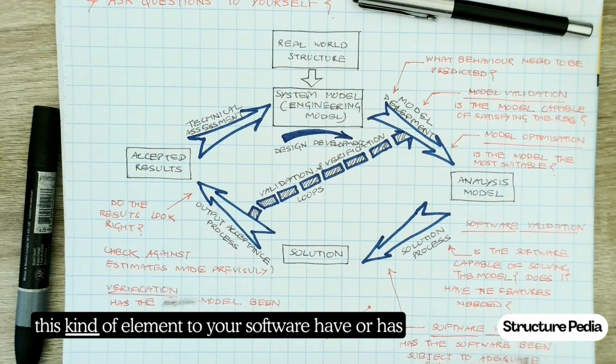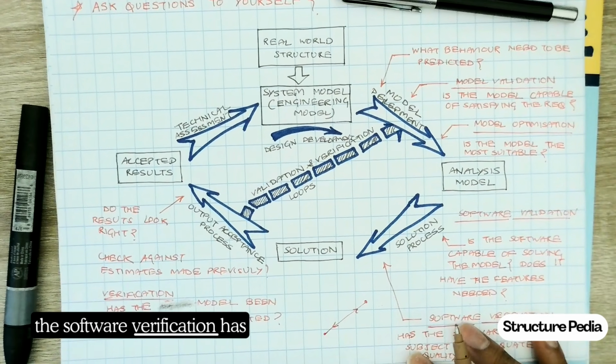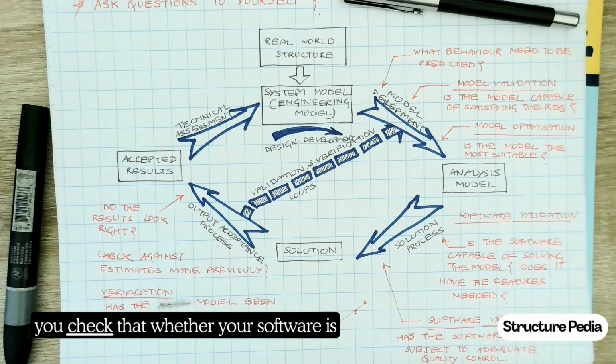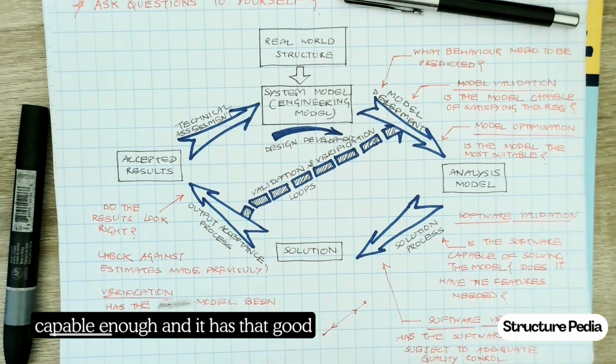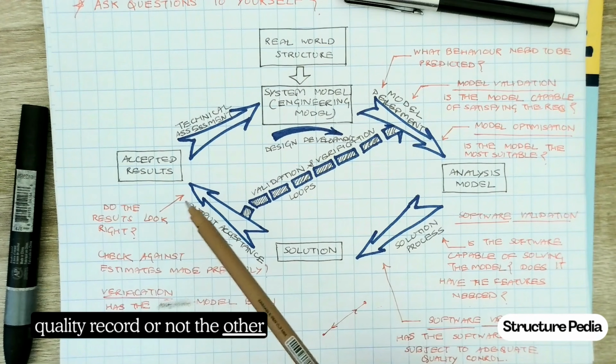Does your software have this kind of element or not? This is something you need to check. Otherwise, there is software verification: has the software been subject to adequate quality control? You check whether your software is capable enough and has a good quality record or not, and you can always go back to the vendor and check it.